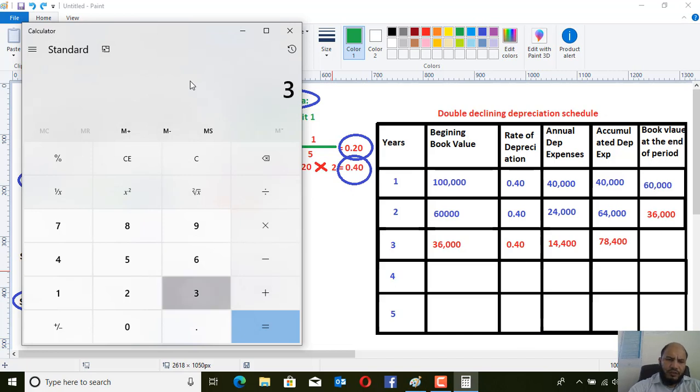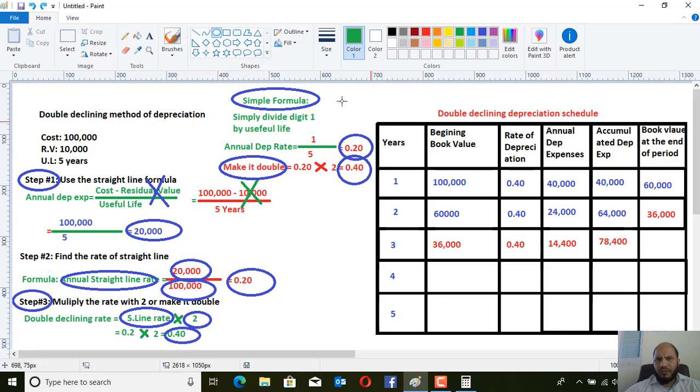We have 36,000 minus 14,400, which is 21,600.